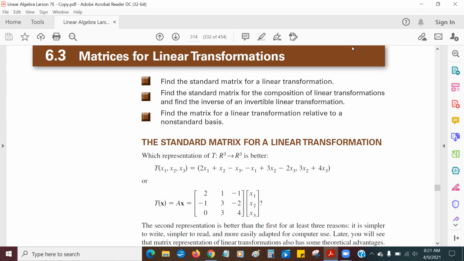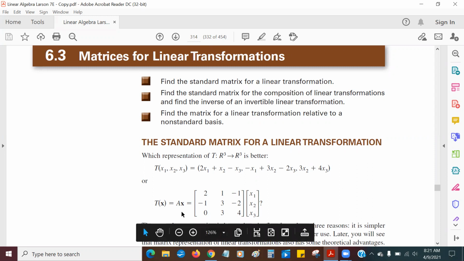And now the book asks a very interesting, seemingly simple question, and at the same time a profound question. You could represent the linear transformation like this: T of x1, x2, x3 is equal to this whole mess here. Or you could represent it this way: T of x equals Ax, which is this matrix times that vector x. These two are two different ways of saying the same thing.